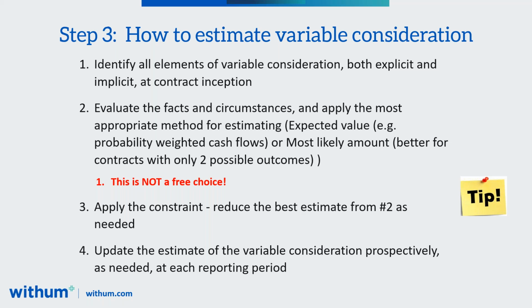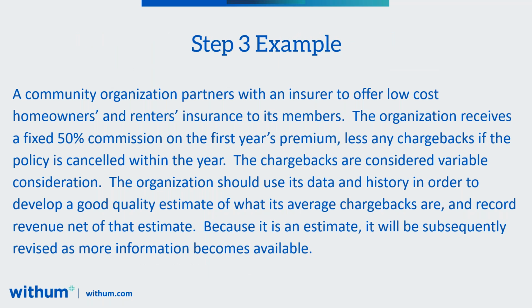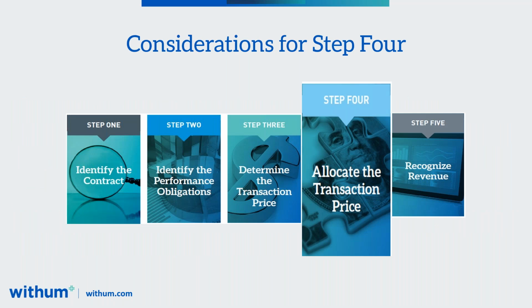And lastly, if the contract spans several accounting periods, because the variable consideration is an estimate, that estimate should be considered to see if it needs to be updated prospectively going forward. Here's an example right here of variable consideration, but in the interest of time, I'm just going to keep going, but there's a good example for you that I think will illustrate the concepts nicely.